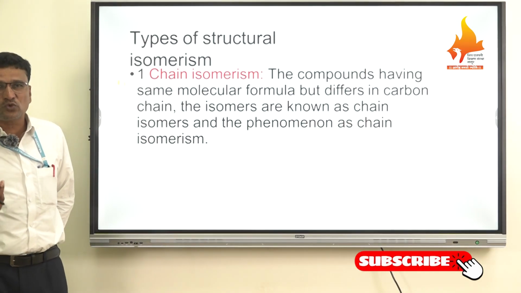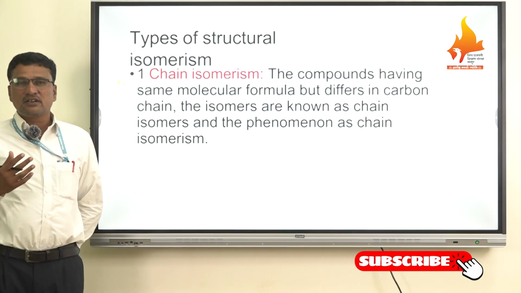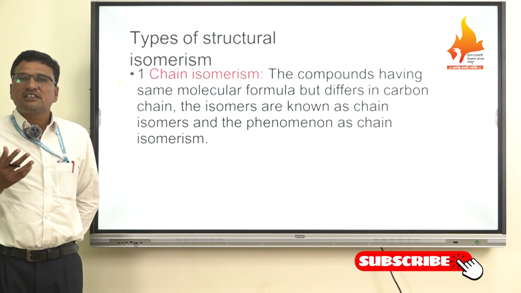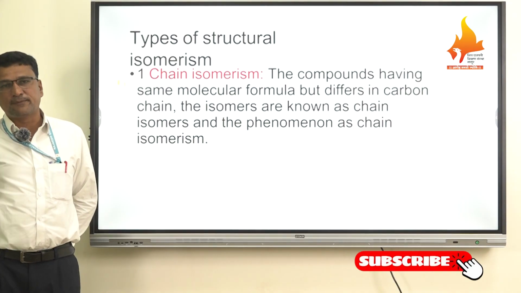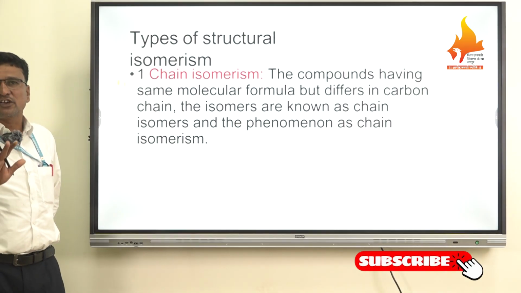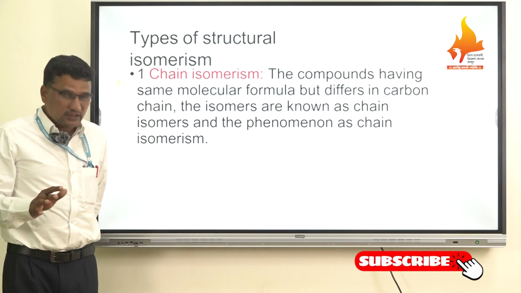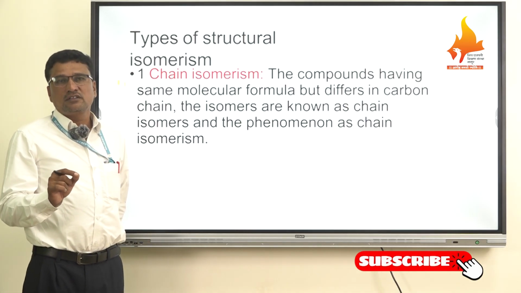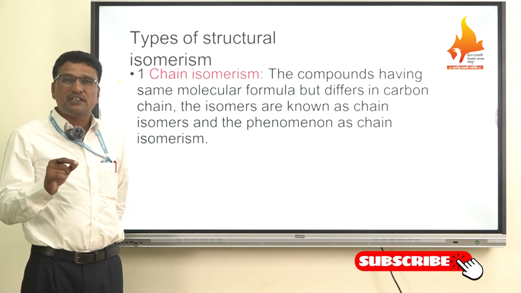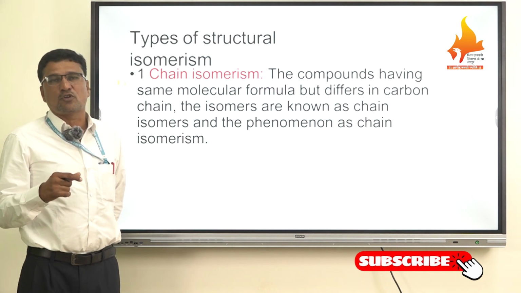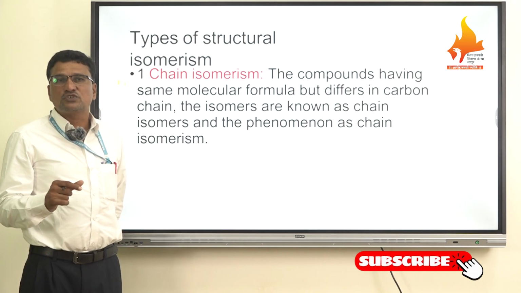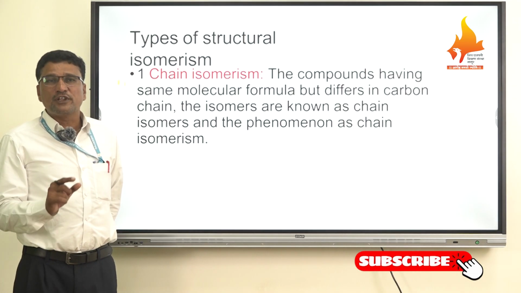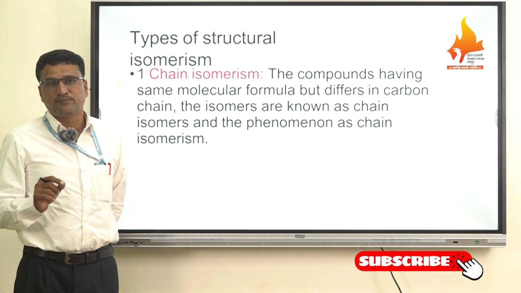As I have already said, having the same number of carbon, hydrogen and oxygen is why this word becomes isomerism. So I think you understood that compounds having the same molecular formula but differing in their physical and chemical properties are called isomers of each other, and the overall phenomenon is known as isomerism.